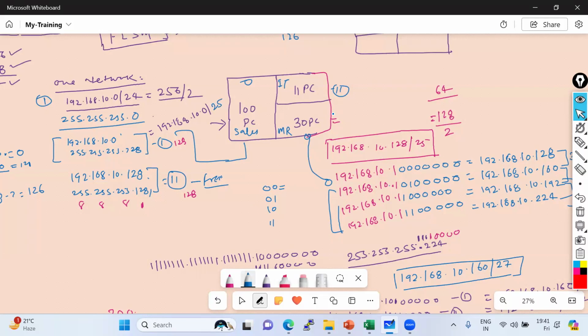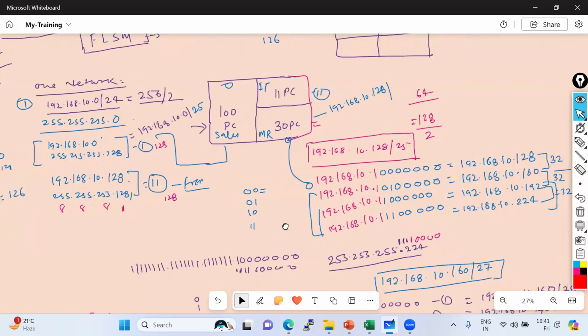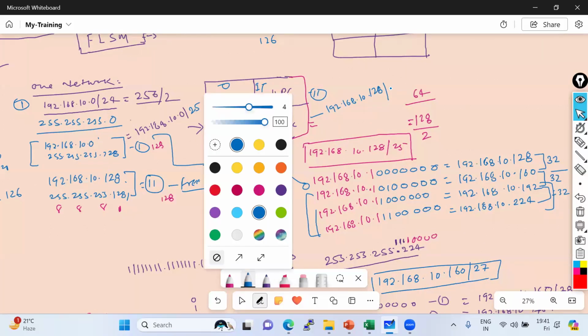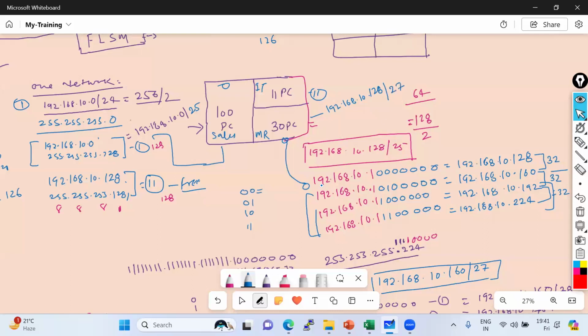And for this 30 PC, we have the network address 192.168.10.128, slash how much? 27. Yes, you're right, because we borrowed 2 bits. 25 plus 2 is 27.